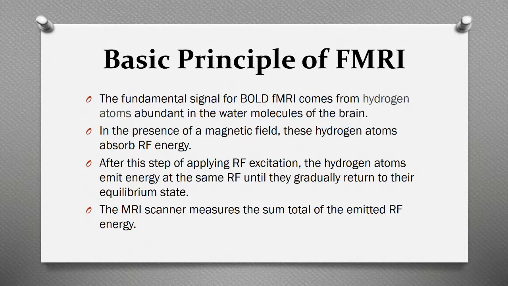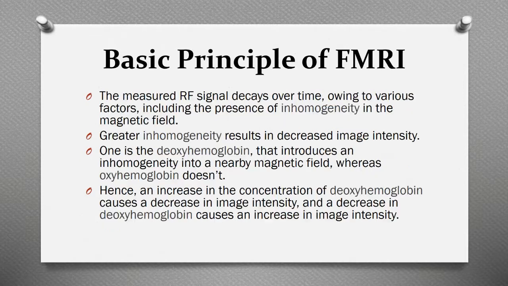As we have seen in the MRI technique, here a magnetic field and radio frequency excitation will also be applied. Then the hydrogen atoms will emit radio frequency energy, then return back to equilibrium. The scanner measures the sum total of the emitted radio frequency energy that decays over time, and an image will be generated. Areas of the brain which are active will have increased oxyhemoglobin around.